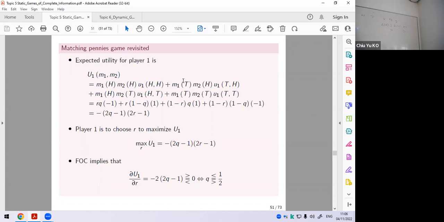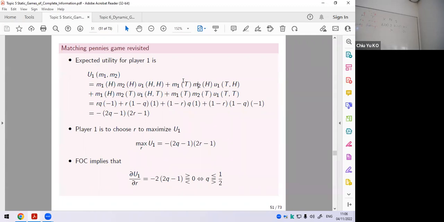Just 1, and this is R, 1 minus R, right? And this is Q, 1 minus Q, right? This arises when we have Q and 1 minus Q, 1 minus Q, and we have R, 1 minus R, 1 minus R. So that's why for you it's RQ times this 1 is -1.